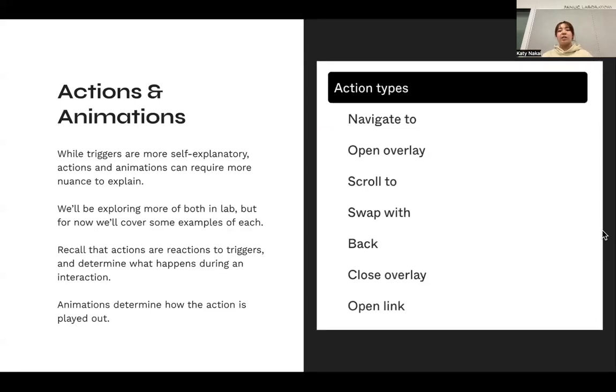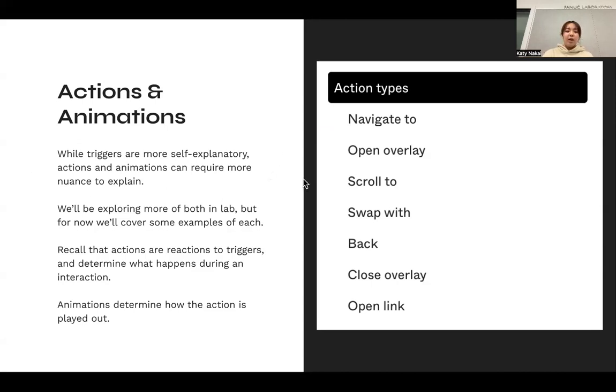So the different actions and animations within a prototyping interaction. Triggers are pretty self-explanatory. It's how you're interacting with that object to elicit a certain response. And then actions and animations are that response that's happening because of the trigger. So you'll explore more of this also in your lab section.